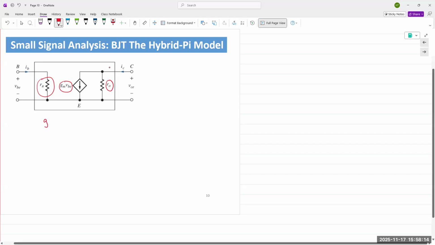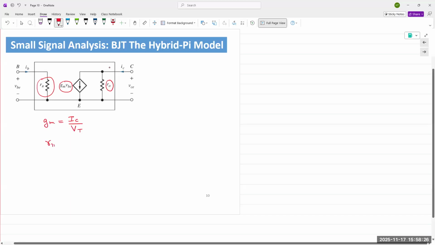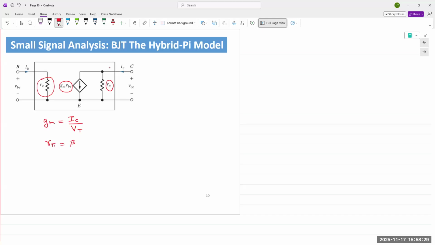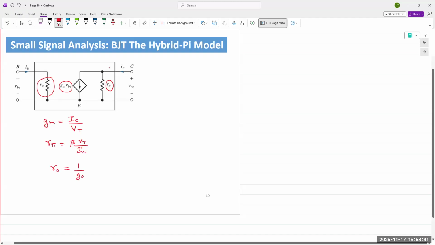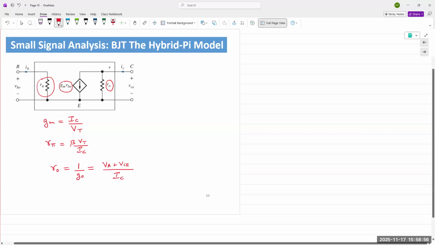GM can be given as IC over VT, R pi is beta VT over IC, and RO, output resistance, is the inverse of GO, and can be given as VA plus VCE over IC.